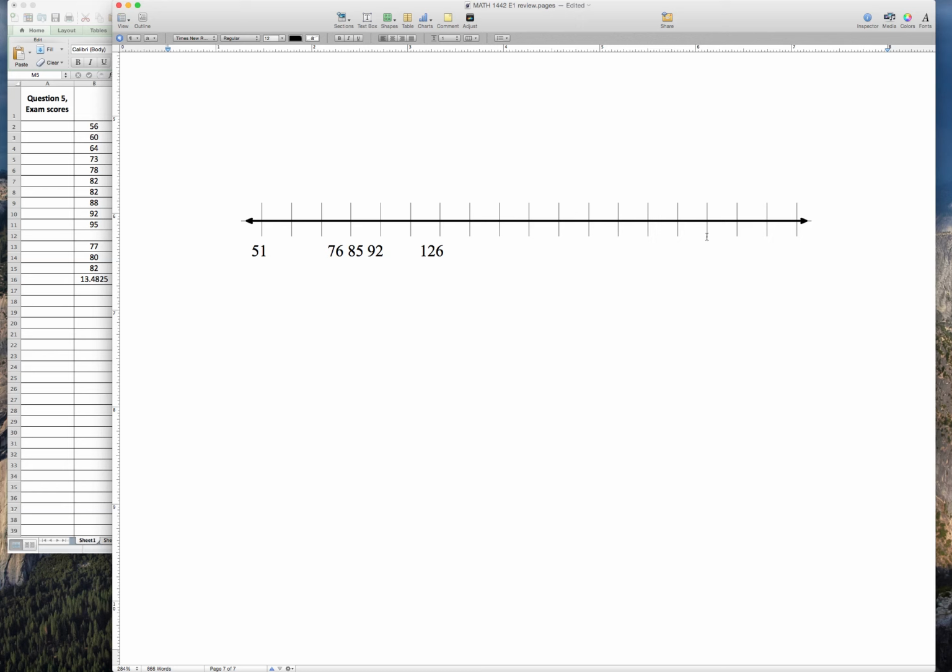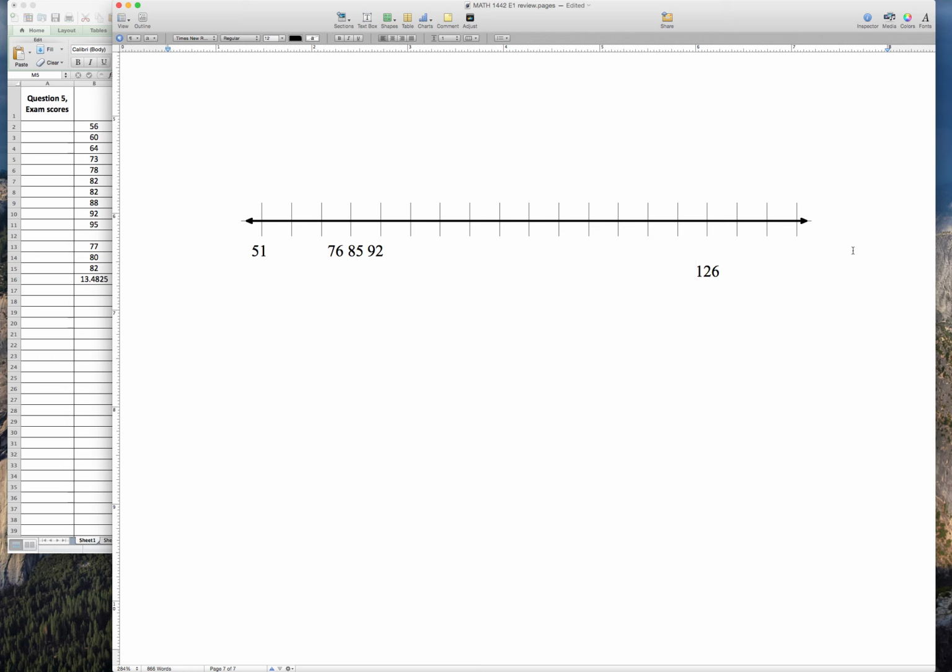So that hash, the 4th hash from the right end, is where my 126 is going to be.